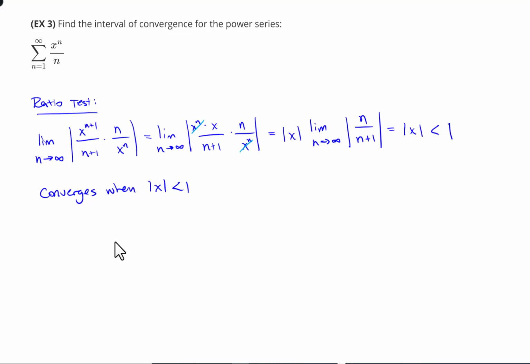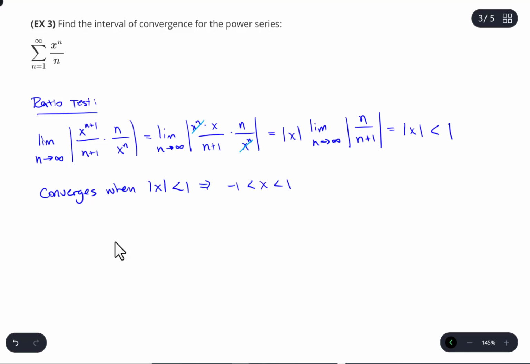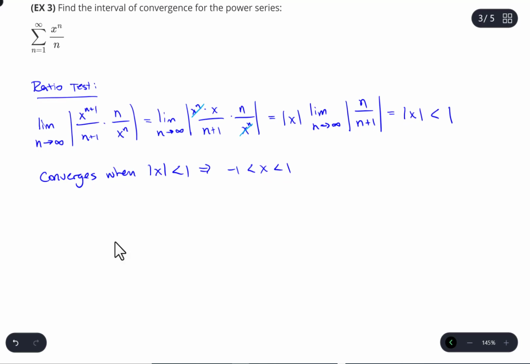This could also be interpreted as x has to be between -1 and +1 in order for it to converge. So if x is between -1 and +1, this series will converge, but that doesn't tell me what happens at the endpoints. So unfortunately, one additional thing you have to do if your radius of convergence is not 0 or infinity is test the endpoints.